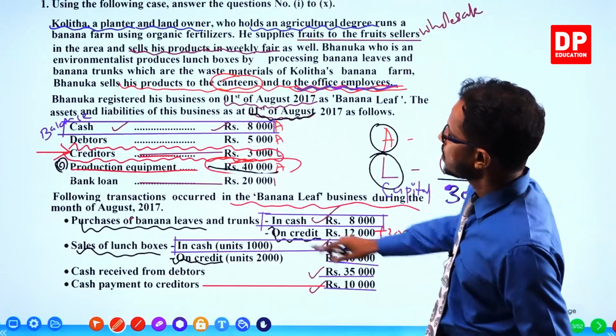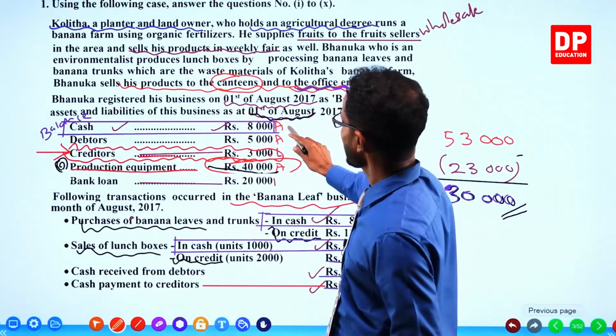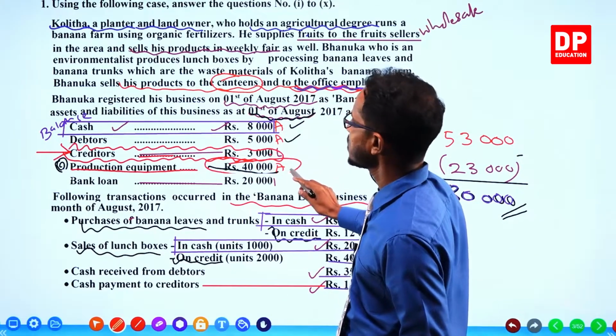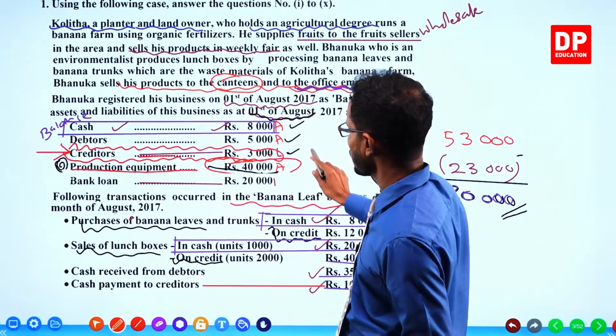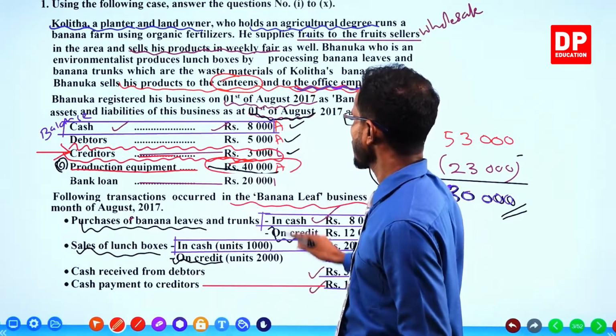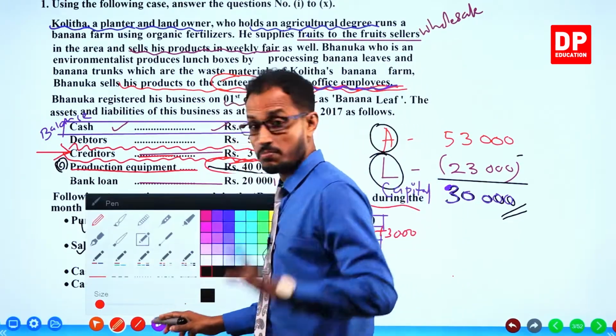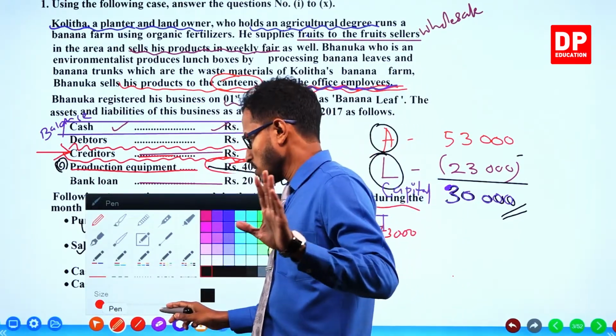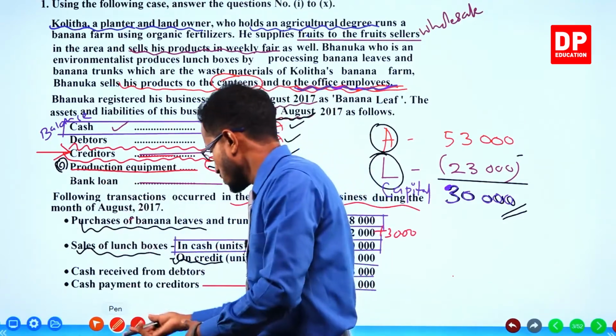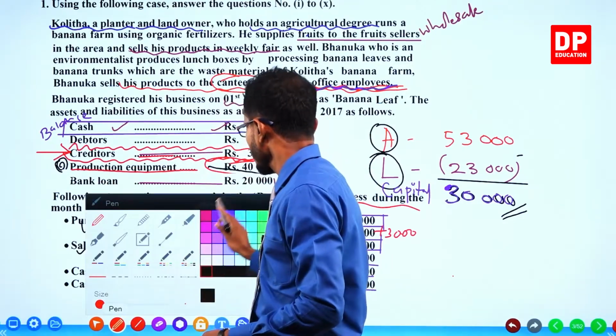See, these are the liabilities. We took these assets. Creditors we have to take as a liability, and bank loan. We have already marked assets and liabilities, so easy for us.